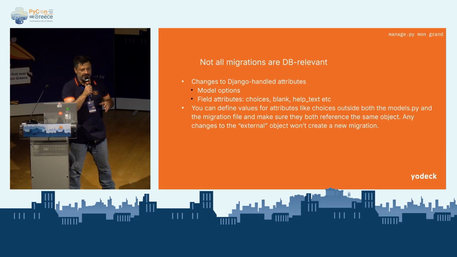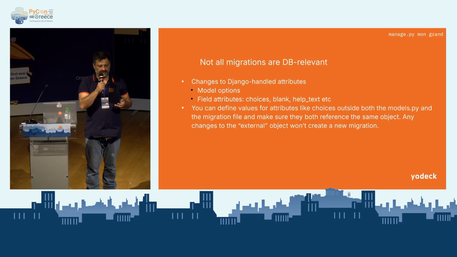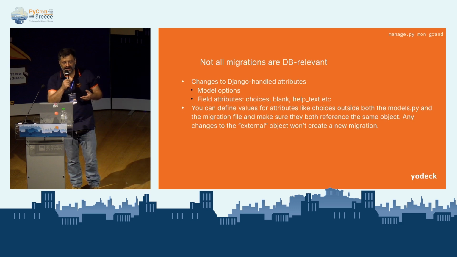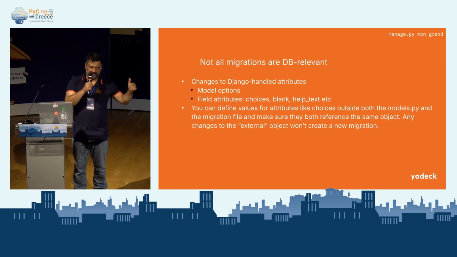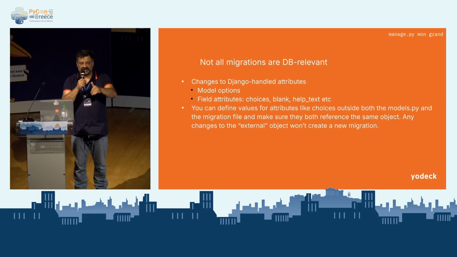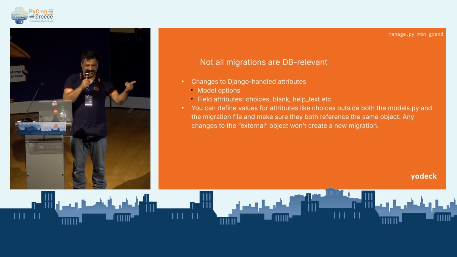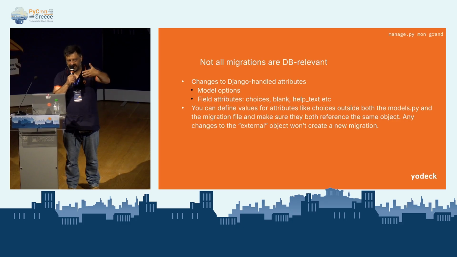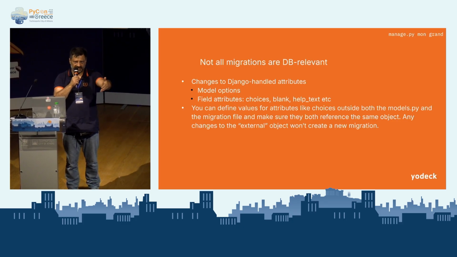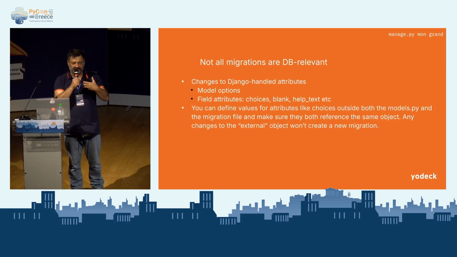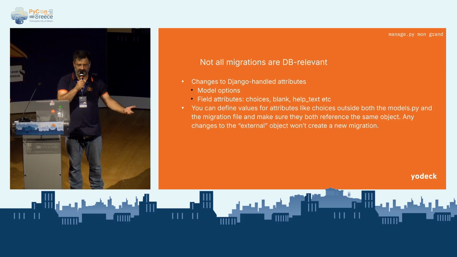For example, when you have a default on a field, Django does not apply the default as a database change. The framework itself manages the default. So you might change the default, and the migration framework would make a new migration just to record this change. This is not a database change, so you don't really have to move back the database in any version.